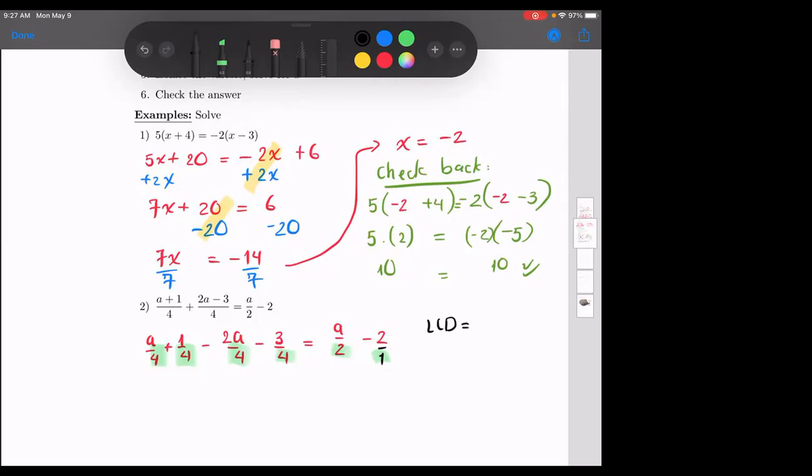Smallest number that can divide into 4 and 2 and 1. It's 4, right? So that's why I say smallest. Like least number of divisions. So 4. That's the LCD. It's kind of the opposite of GCD. So LCD is 4 because 4 divides into 4, into 2, into 1 evenly.